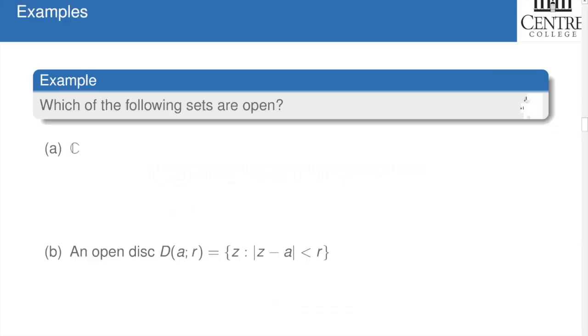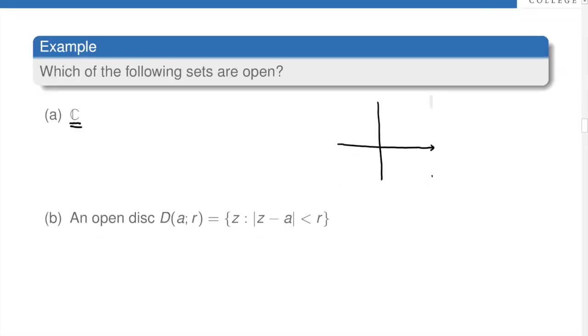The first example is the entire complex plane C. If we want it to be open, then no matter what point I take in that set, I need to be able to find an open disk centered at that point so that the open disk is completely contained in our set S. So is this going to be open?